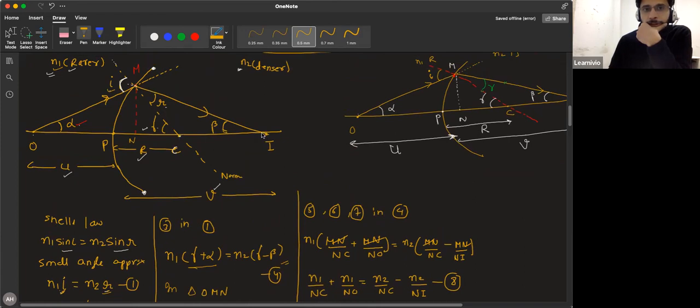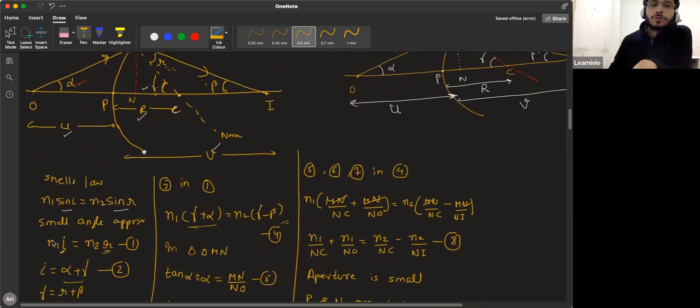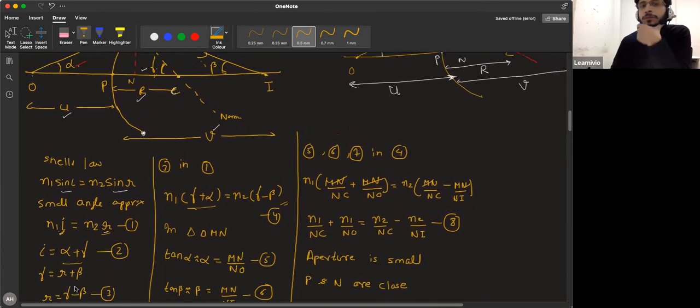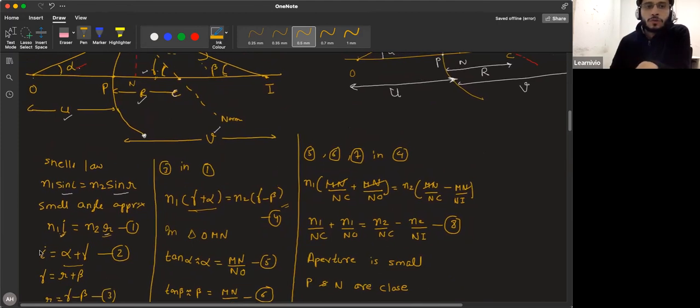In this MIC triangle, this one is the exterior angle, right? So this exterior angle should be the sum of the interior opposite angles R plus beta. So can I write gamma is R plus beta? So this is what I'm writing. Gamma is R plus beta. So you can write R as gamma minus beta. Clear now? Yes, sir.